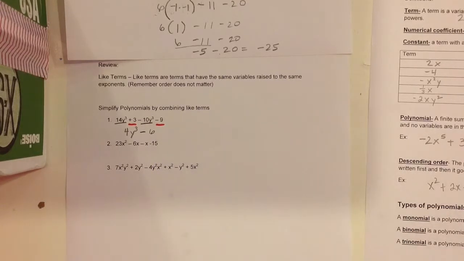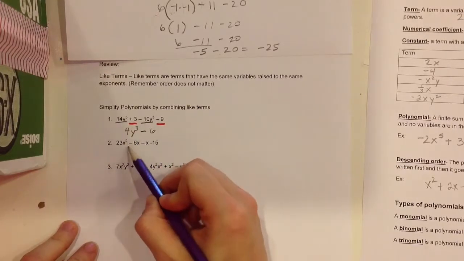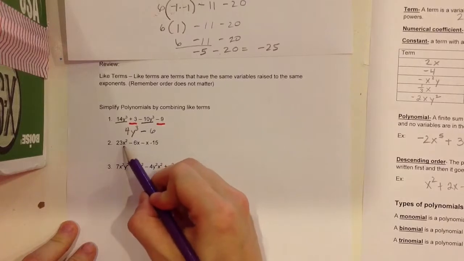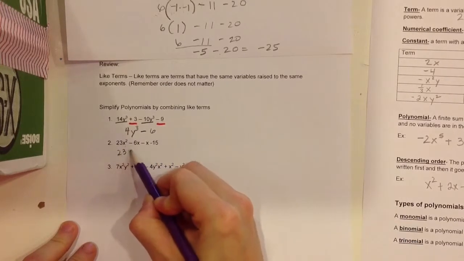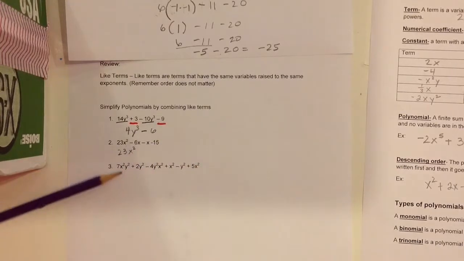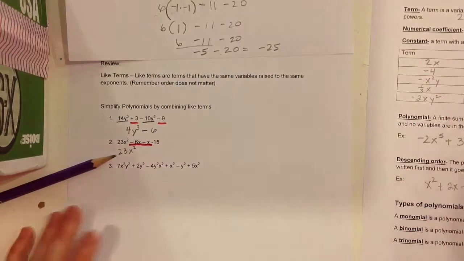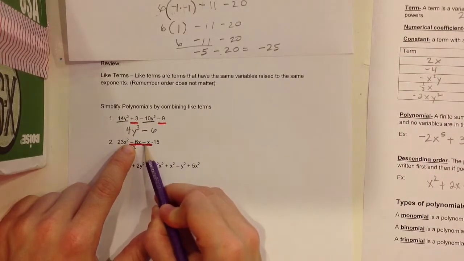Now the next one, let's look at it. I have 23x squared, and there's no other x squared in this entire problem. So that 23x squared needs to come down into my answer. I do have x's that are like, so I have a negative 6x and a negative 1x. Remember, there's an understood 1.